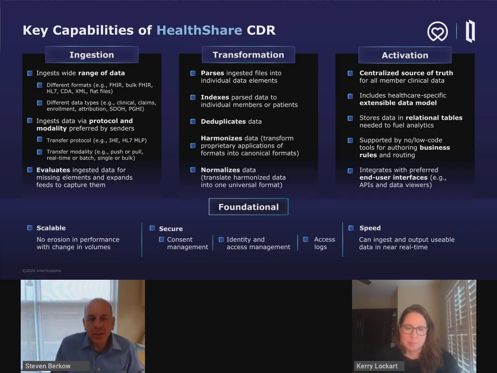Under transformation, I do think it's important for people to begin to recognize that harmonization and normalization are different things. And it is important that your CDR is adept at doing both.